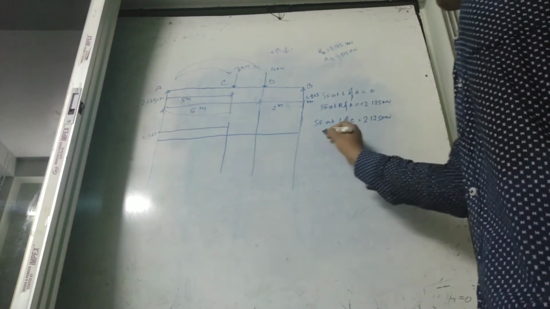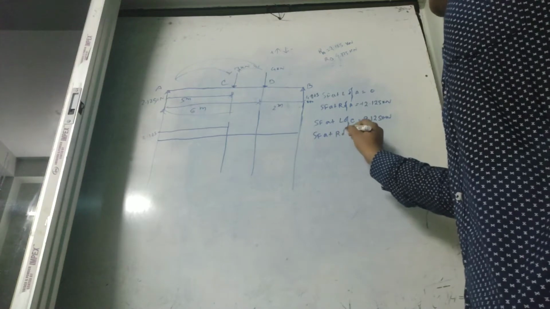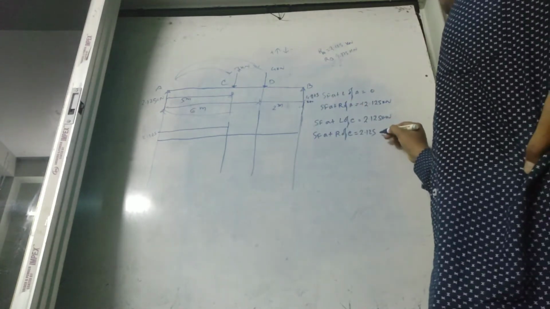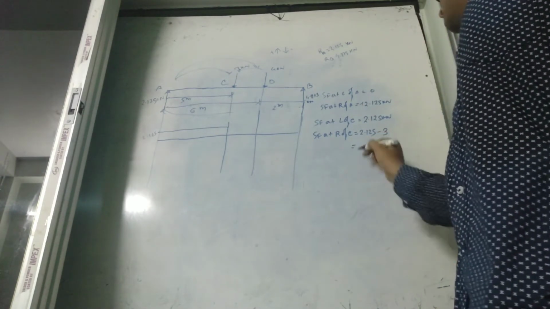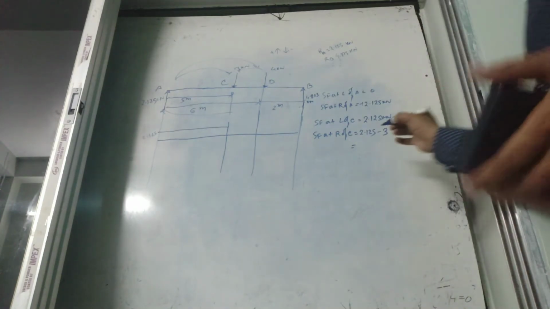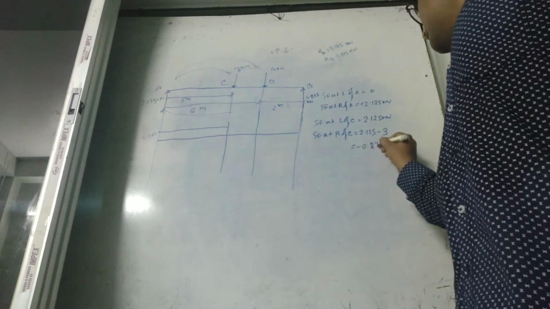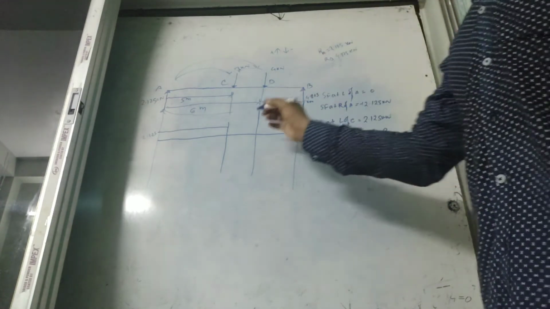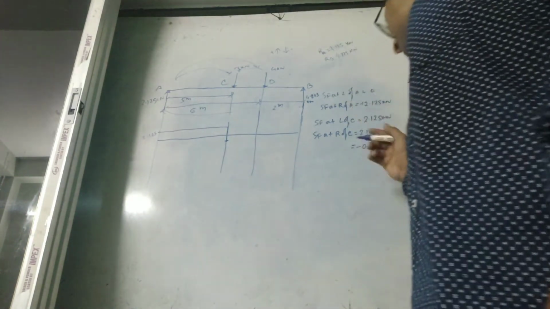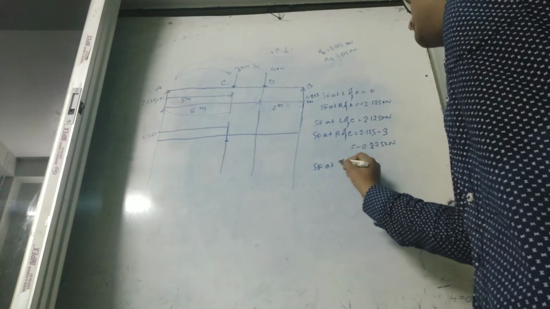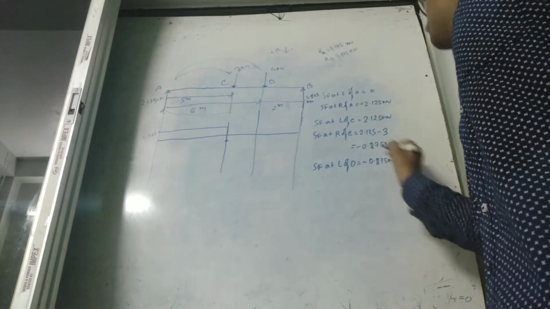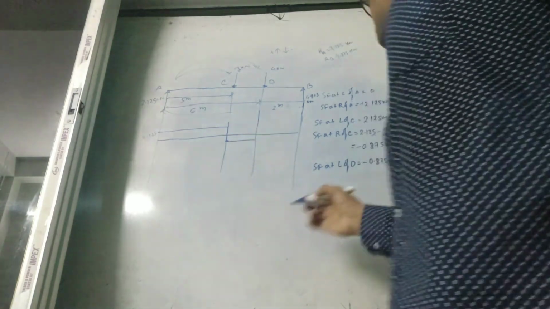Shear force at right of C equals to 2.125, and 3 is given from upward to downward, so this is minus 3. Okay, 2.125 minus 3 and minus 0.875 kilonewton. Next, shear force at left of D, it will come 0.875 kilonewton.